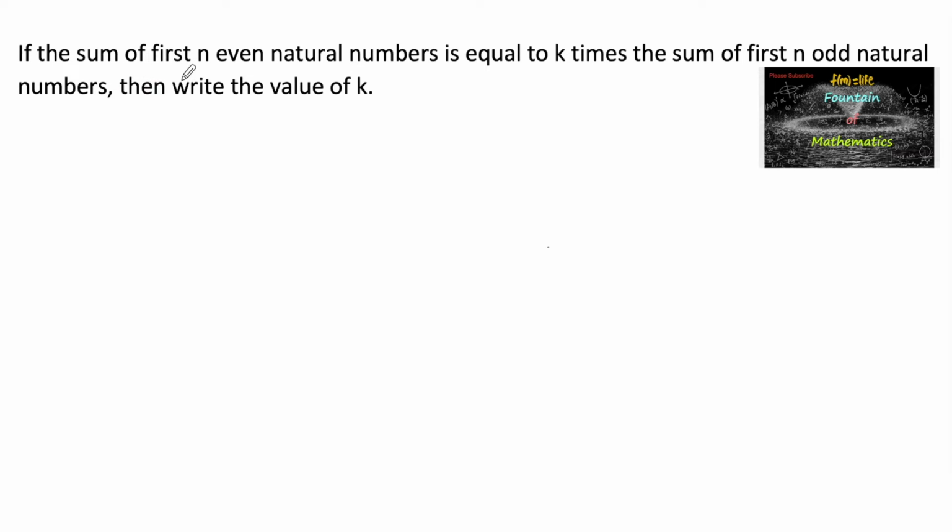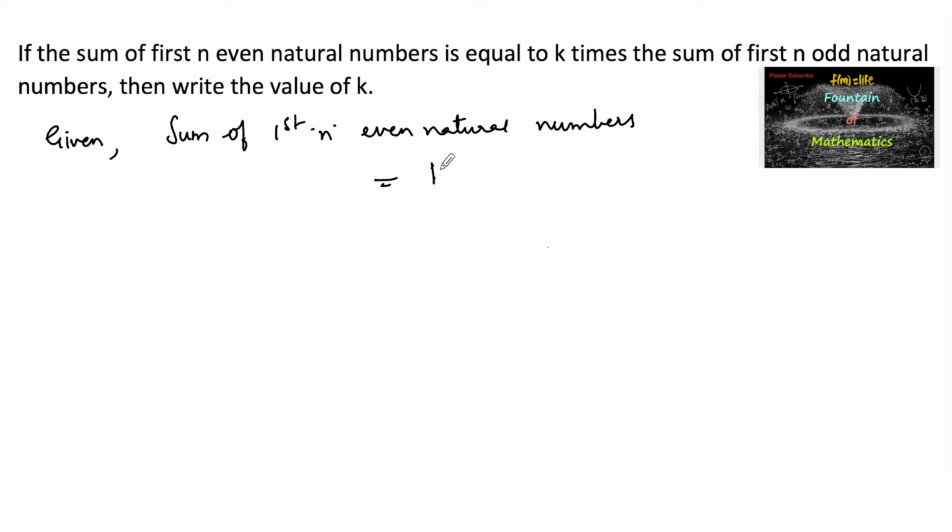If the sum of first n even natural numbers is equal to k times the sum of first n odd natural numbers, then write the value of k. Given that the sum of first n even natural numbers is equal to k times the sum of first n odd natural numbers.